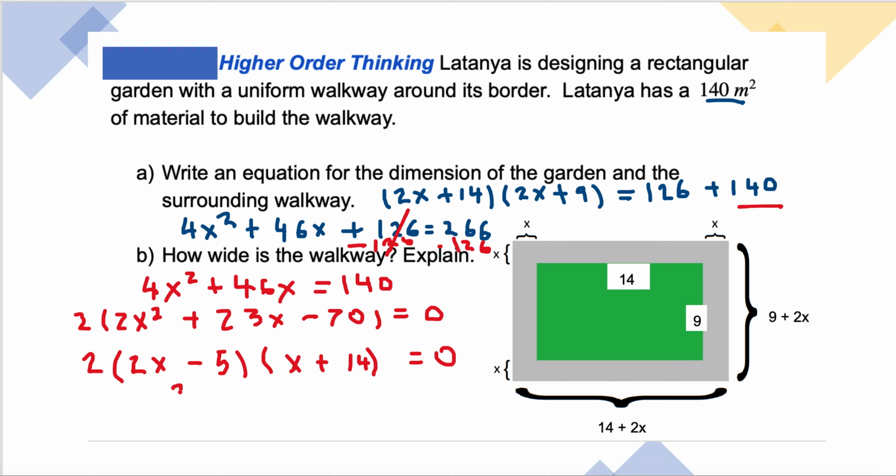When I equate with 0, 2x is equal to 5, and when we divide by 2, x is 5 over 2, which is 2.5 meters. So the walkway x is equal to 2.5 meters.